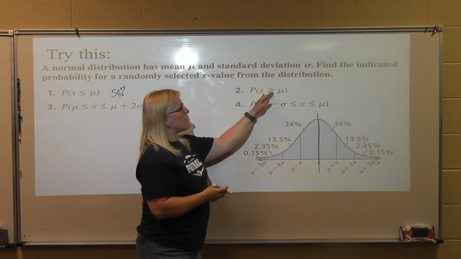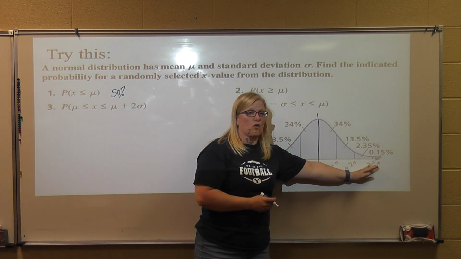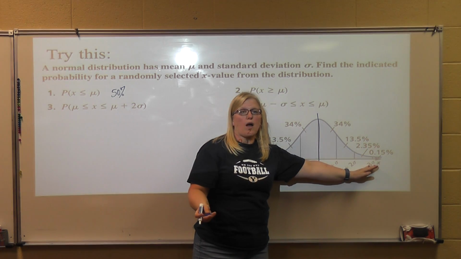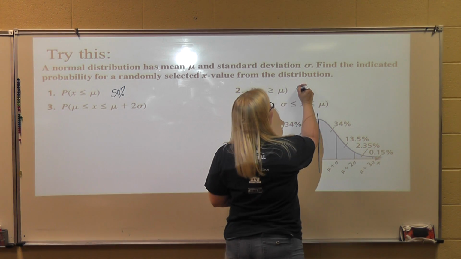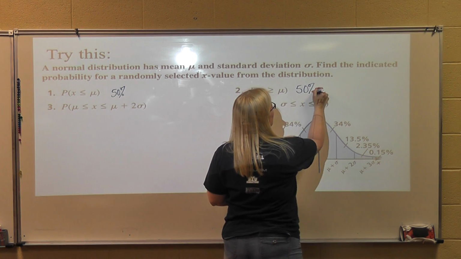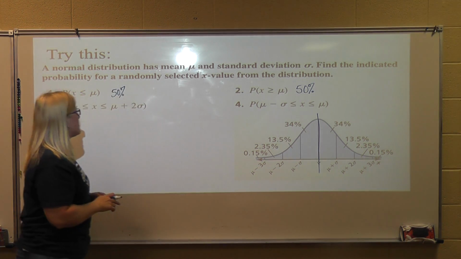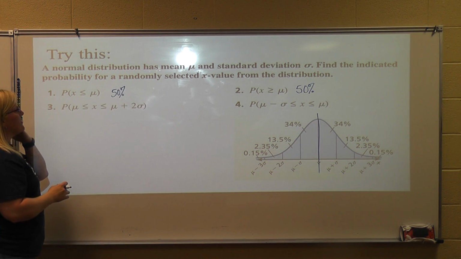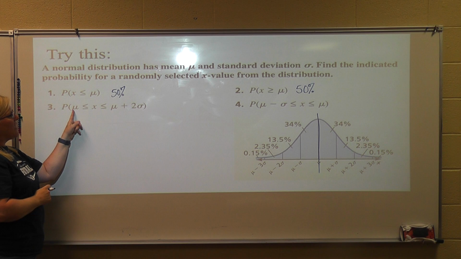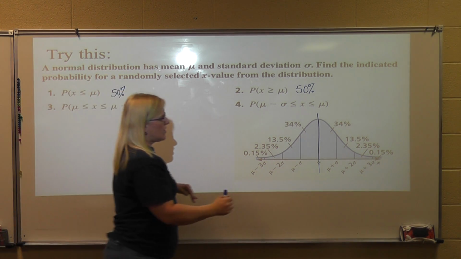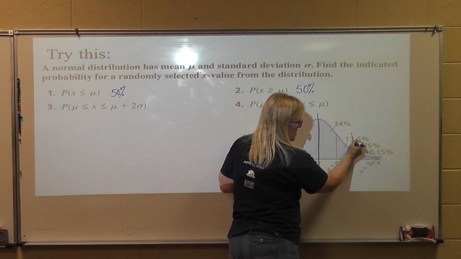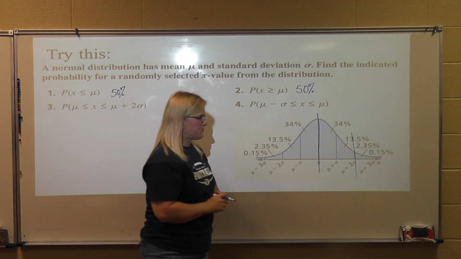Okay, over here, x is bigger than mu. What is the probability that I would pick something on this side? Right again, 50%. Okay, so let's look at these now. These are going to get a little more specific. Now I have it between mu and mu plus 2 sigma, right here.